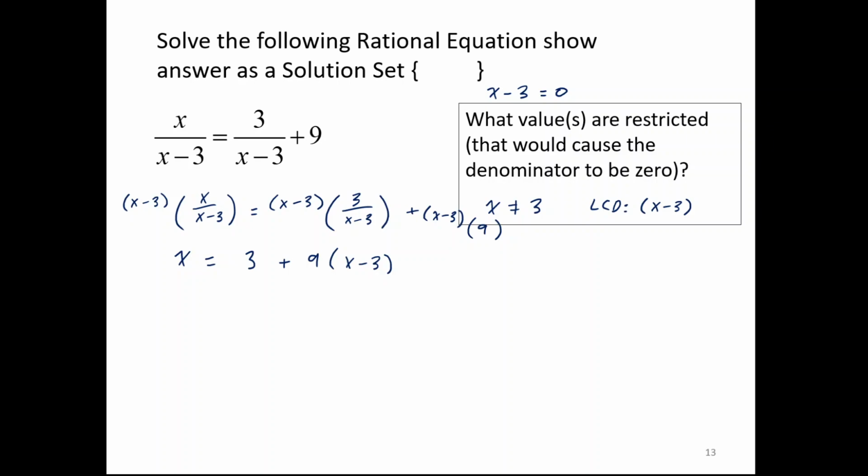If we distribute the 9, this equation becomes x equals 3 plus 9x minus 27. And we can combine the terms 3 and minus 27 so that our equation becomes x equals 9x minus 24.